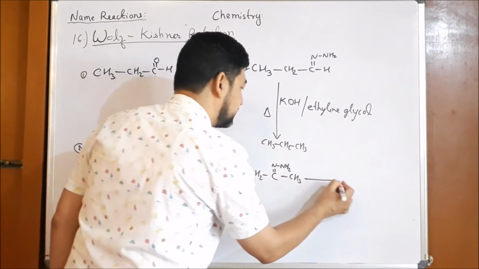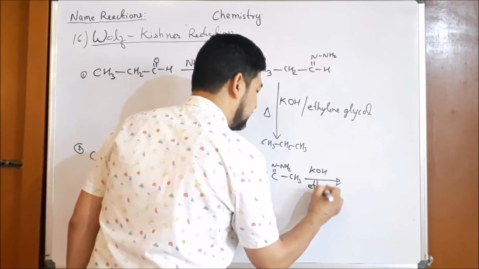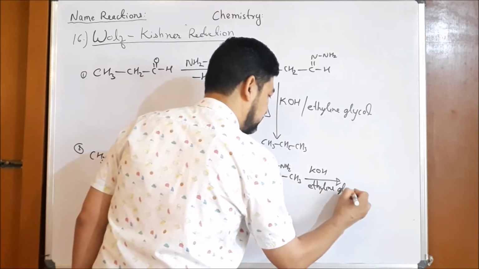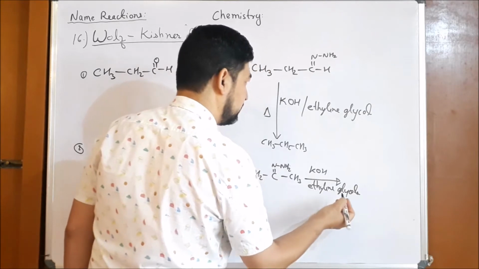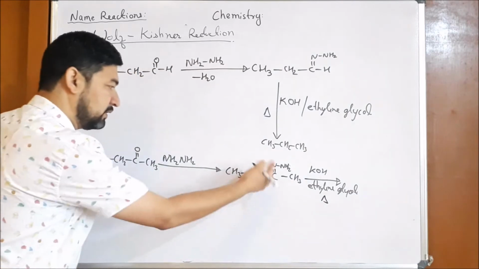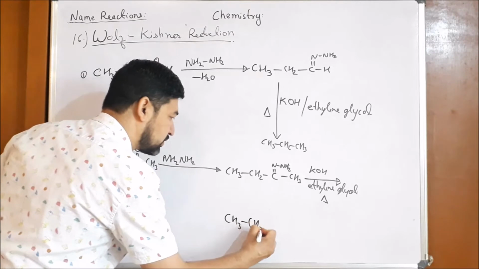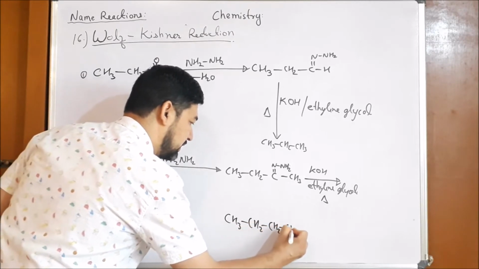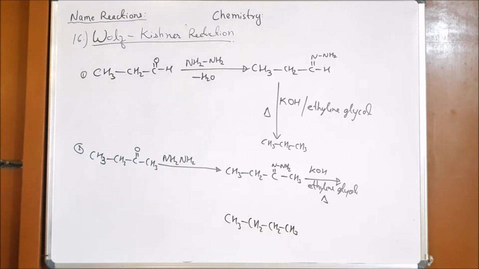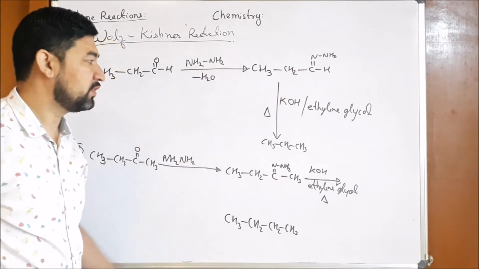When this is again treated with KOH in the presence of ethylene glycol, and heat is also required, then this will convert into the CH2 group. CH3, CH2, CH2, CH3. This conversion is known as Wolff-Kishner reduction, in which your carbonyl group is converted into CH2 group, right?